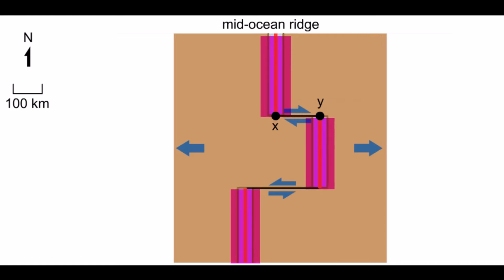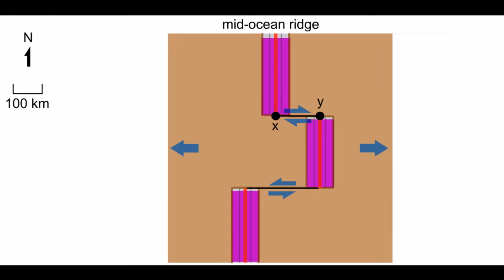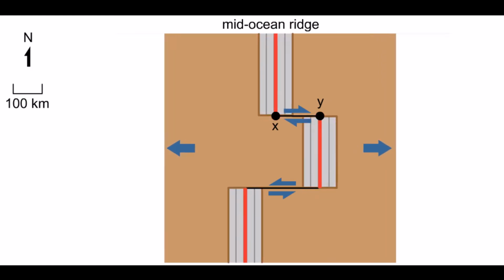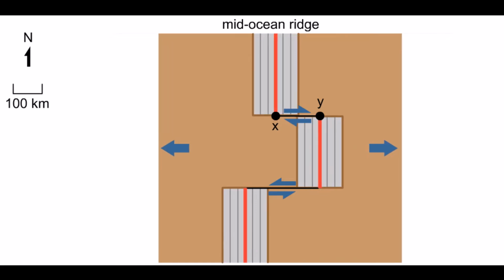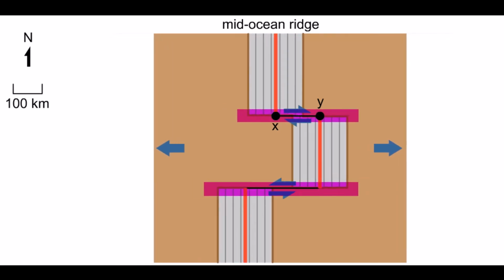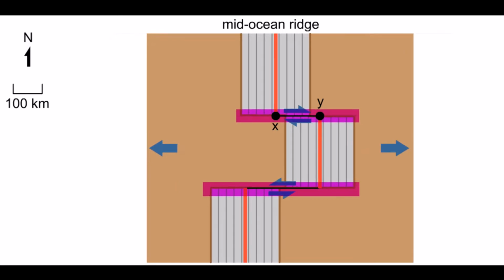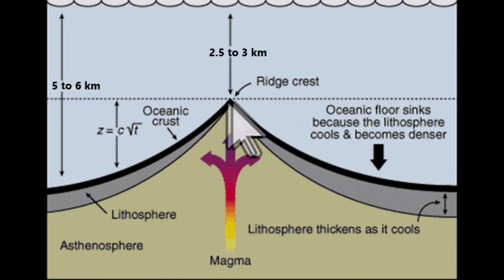As a plate moves away from the ridge, new basaltic crust is added to the trailing edge and older crust is carried away, much like the action of a conveyor belt. As the lithosphere moves slowly away from the ridge crest, it cools and shrinks, and thus the ocean floor gets progressively deeper away from the ridge until it is old and cold, and as much as 5 to 6 km deep.